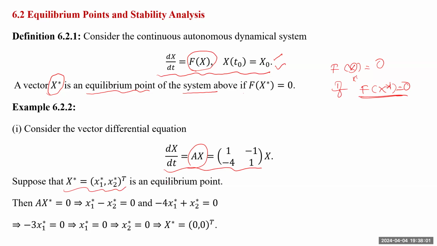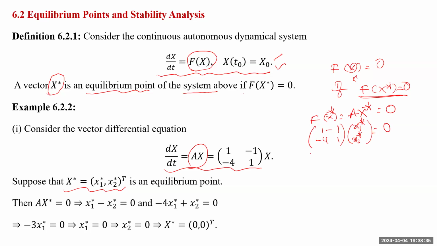This is my equilibrium point for the system. The right hand side is f of x equals Ax, so f of x star, that is A x star, should equal 0. That is the matrix 1, minus 1, minus 4, 1 times x1 star and x2 star equals 0.